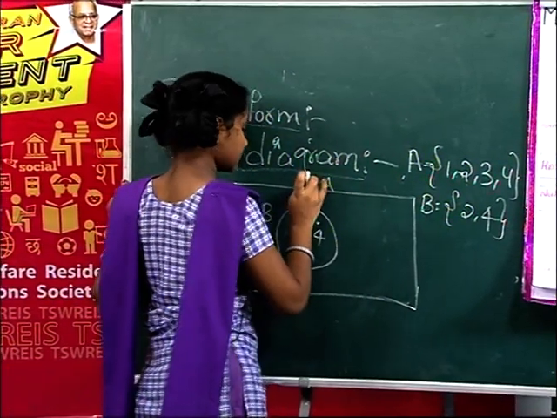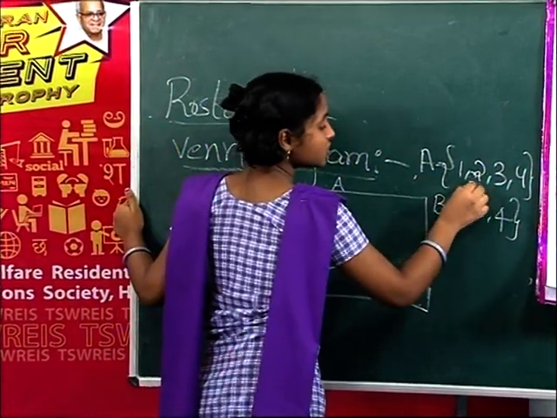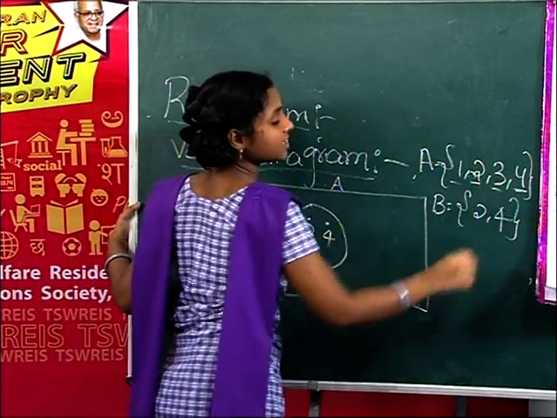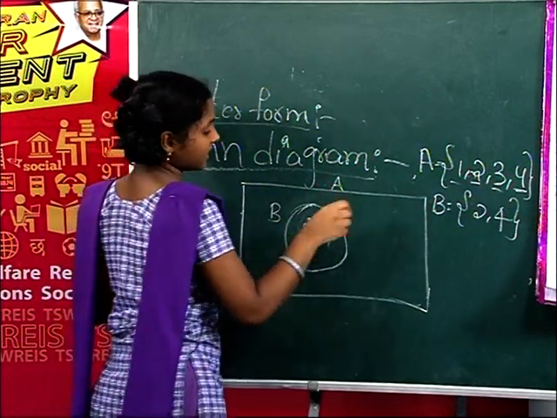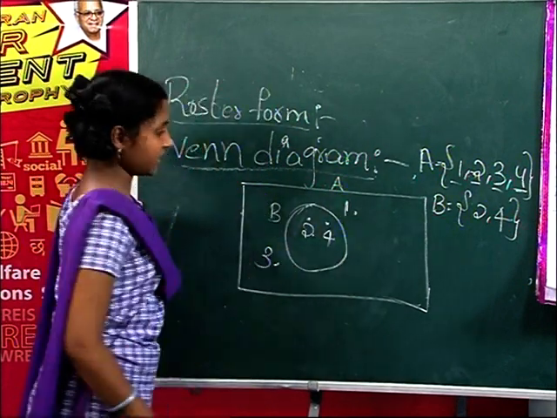In A, 2 and 4 are the common elements, and the remaining 1 and 3 are written here.